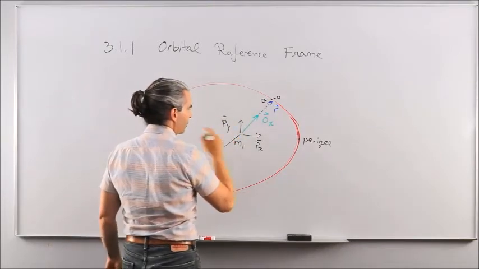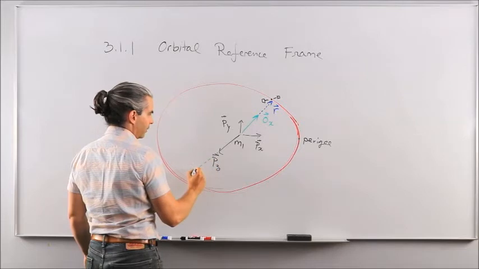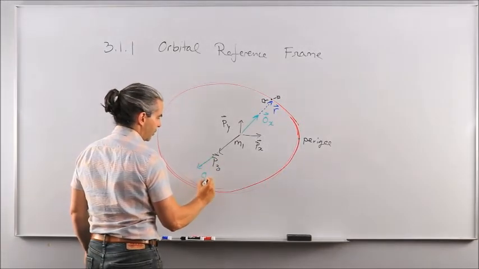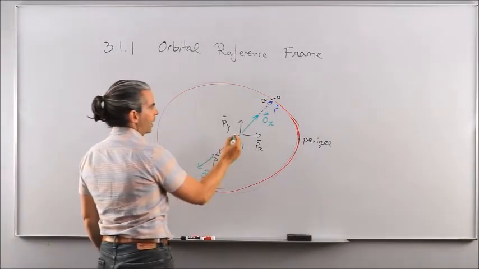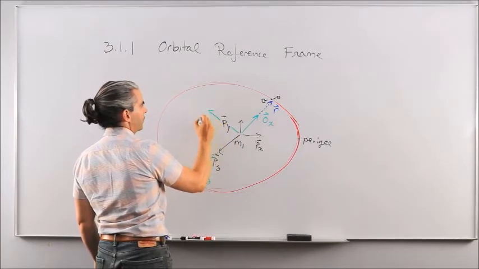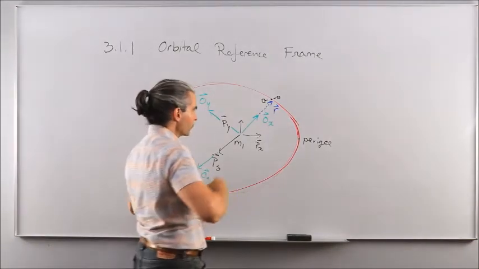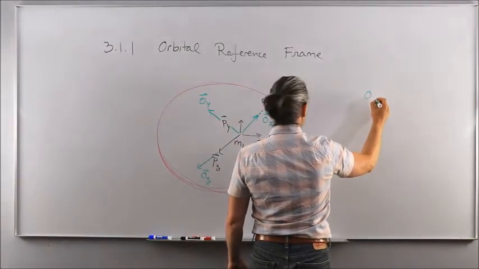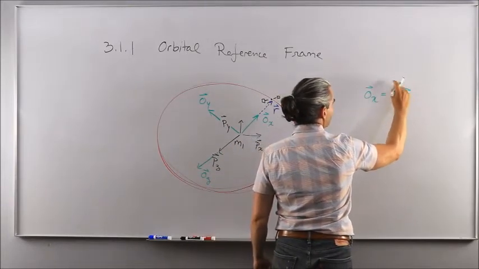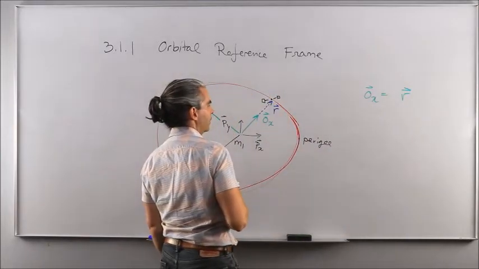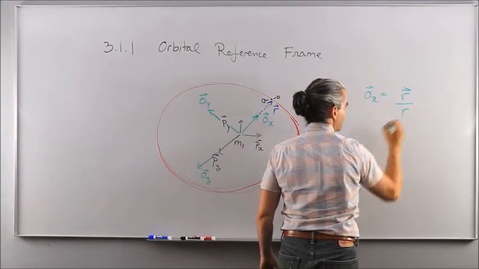OZ will be normal to the orbital plane, and in fact will be collinear with PZ. I'm going to say OZ, normal to the orbital plane like that, and OY will simply complete the triad through the cross product as usual, okay? So then you could say that OX is actually in the same direction as R, the vector, but then because OX is a unit vector, we need to scale the R vector with its own magnitude like that.